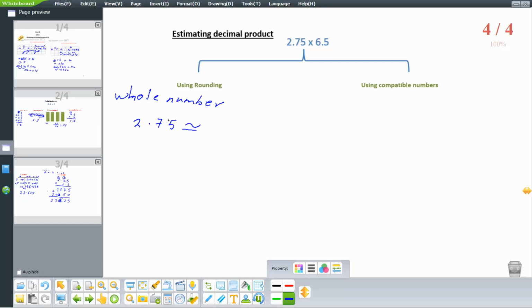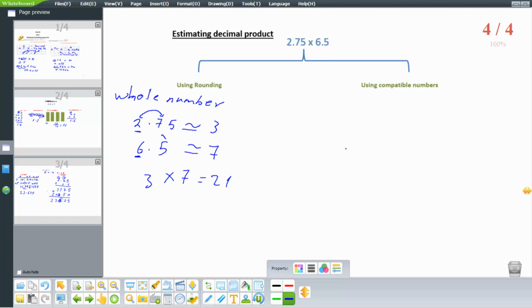It will be, yes, this is the whole number, and 7 will increase it, so it will be 3. And 6.5, okay, here we have 5, and the whole number is 6, so 6 will be increased, it will be 7. So it will be 3 times 7 equals 21.